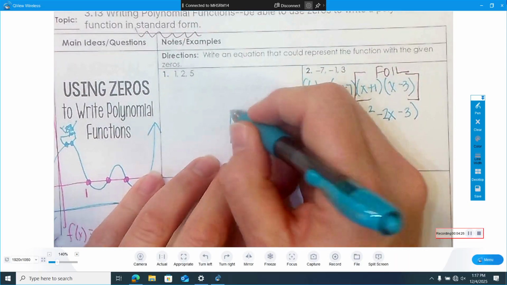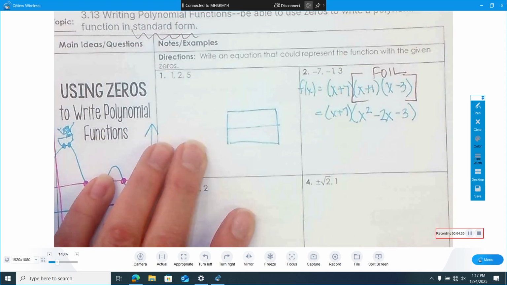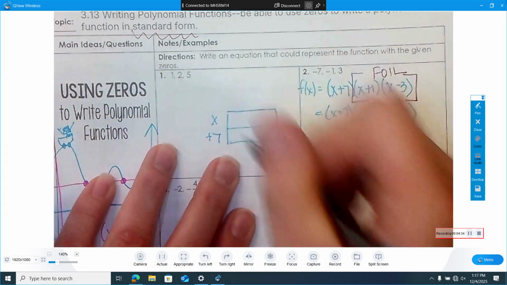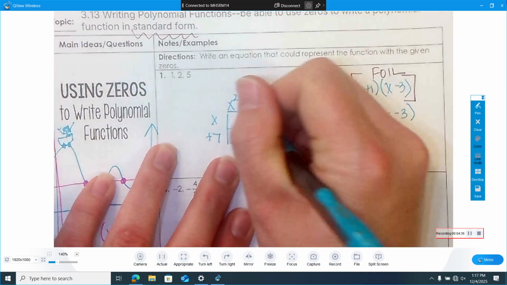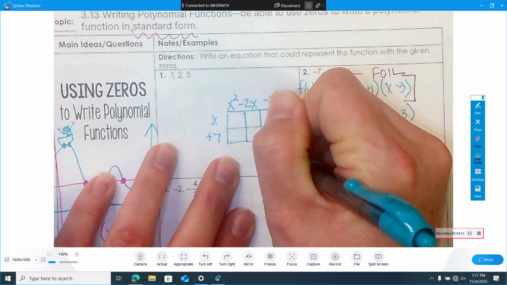I'm going to go to the box method for this just to keep things nice and neat. I have my x plus 7 on the short side and x squared minus 2x minus 3 across the length.